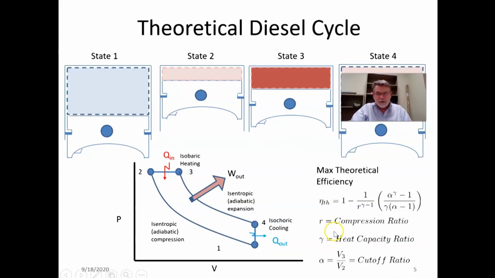And here the cutoff ratio, alpha, which is this term here, is actually nothing less than the ratio of V2, which is the volume of air before combustion, and V3, which is the volume after combustion.